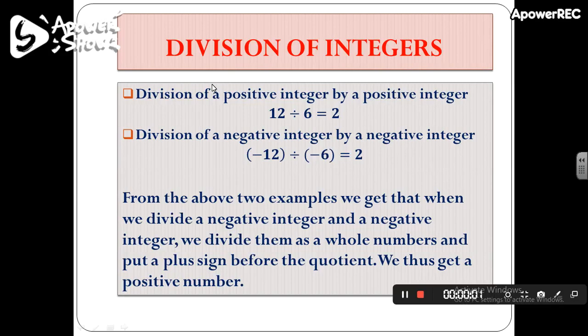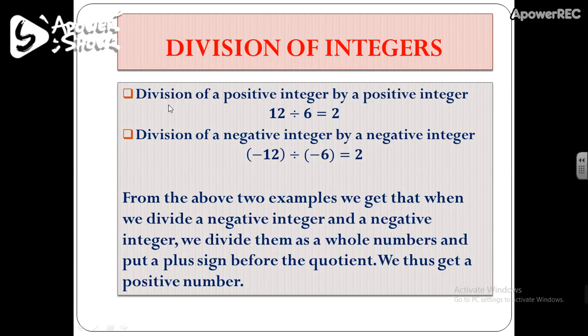Now let's see how to divide integers with the same sign. So the first example is about division of a positive integer by another positive integer. So the first positive integer is 12, the second one is 6, and we are dividing 12 by 6. You have already done this division, and after dividing 12 by 6 we get 2.